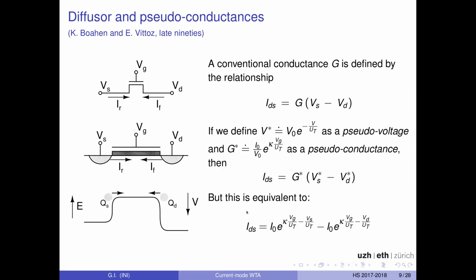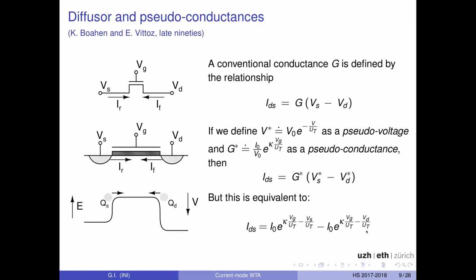So then actually Eric Vittoz, who is Swiss, in Lausanne at CSEM in Neuchâtel, actually not really Lausanne, noticed this already in the late 80s and pointed out that if we define a pseudo voltage, by definition, as something which is V0 e to the minus V over UT, then we can define the pseudo conductance, which is using the same trick, I0 over V0, which will be the conductance times this exponential.